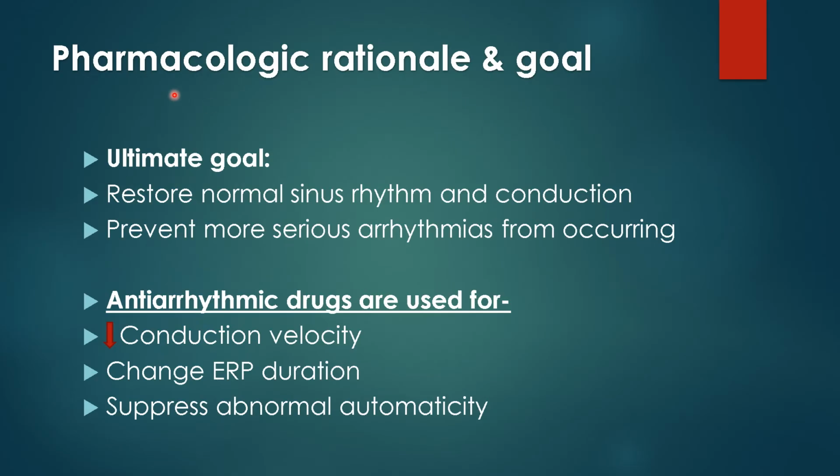Okay. Now, what is our pharmacological goal in treating arrhythmia? It is that we should restore the normal sinus rhythm and we should prevent the formation of serious arrhythmias. The drugs that are used will reduce the conduction velocity and will change the effective refractory period. Okay.